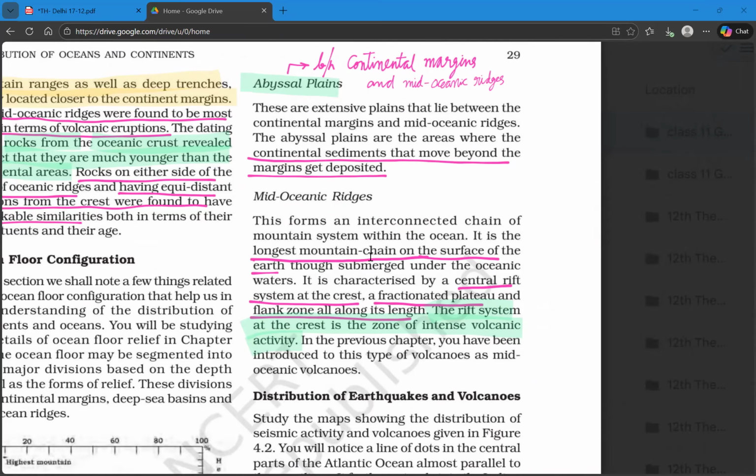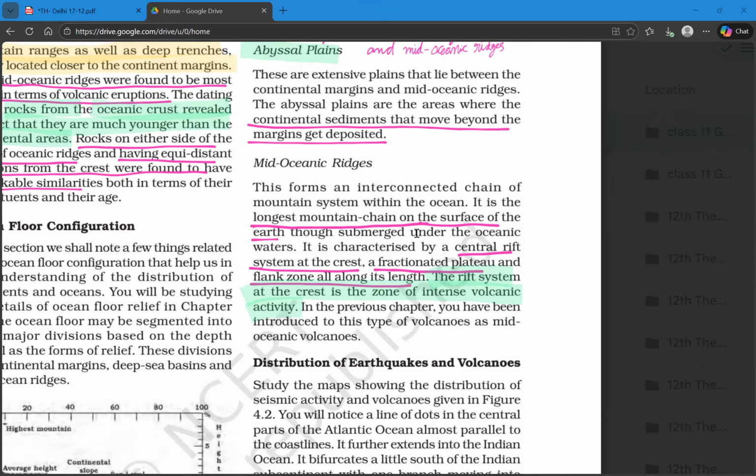And the third and last division is mid-oceanic ridges. This forms an interconnected chain of mountain system within the ocean. It is the longest mountain chain on the surface of the earth, though submerged under the oceanic waters.